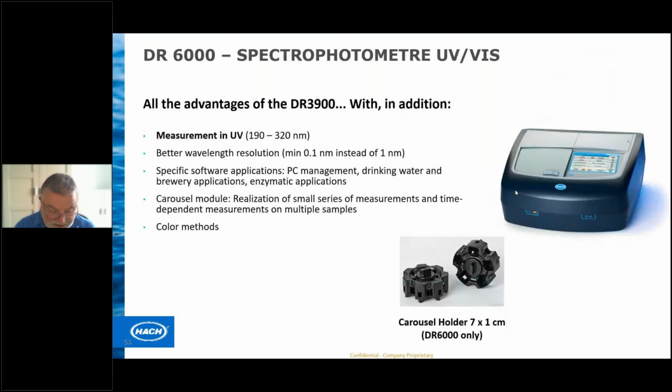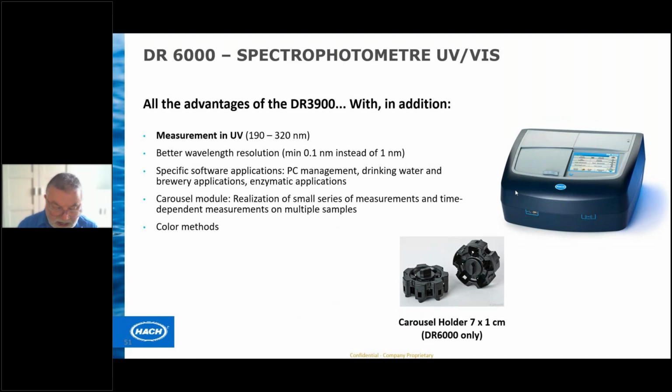The DR6000 has all the same benefits of the DR3900 by adding measurements in the UV spectrum. So it means that its range is from 190 to 1100 nanometer. It has a better wavelength resolution, 0.1 nanometer instead of 1 nanometer, for finer scans.